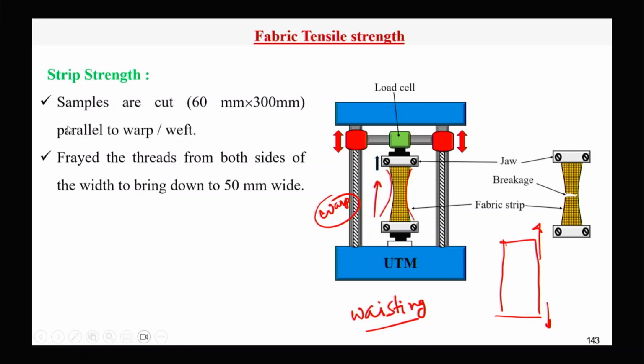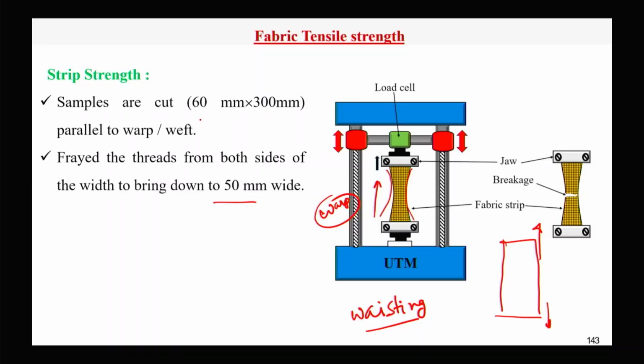The typical sample size is 60 millimeter by 300 millimeter, and after fraying out the edge threads, the width is brought down to 50 millimeter. This is done to ensure that no cut threads are there at both edges.